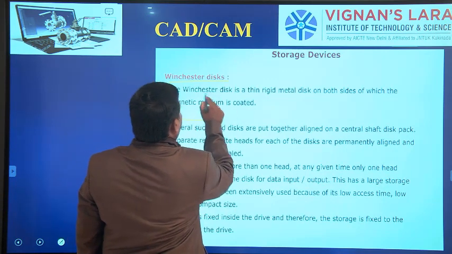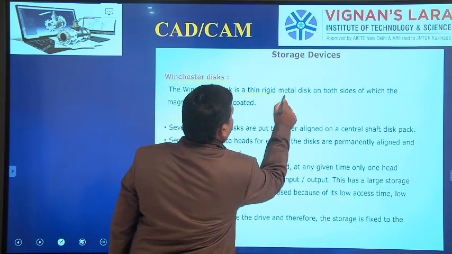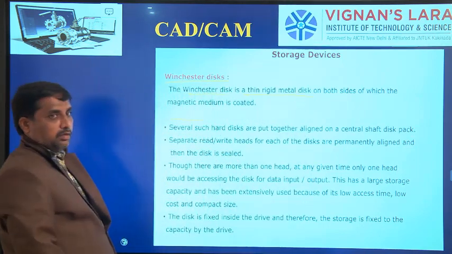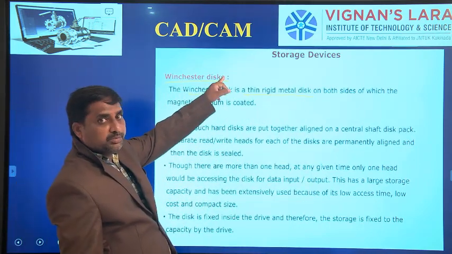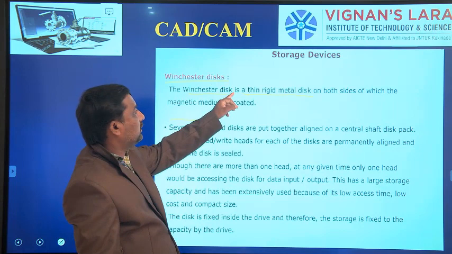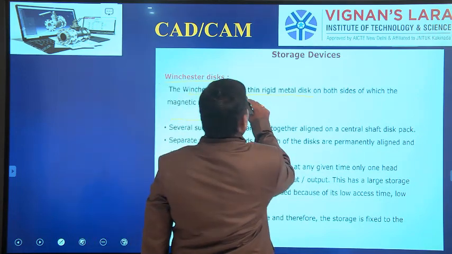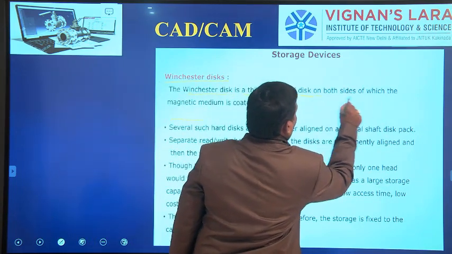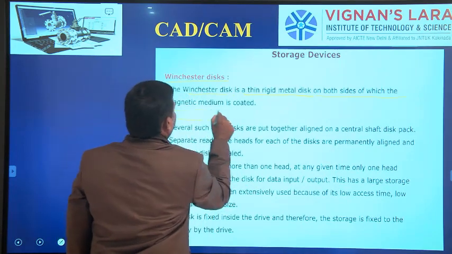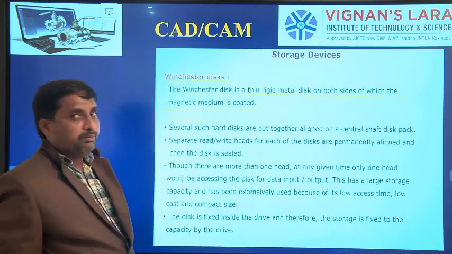The Winchester disk is a thin rigid metal disk. Winchester disk is singular. It has a thin rigid metal disk on both sides of which the magnetic medium is coated.